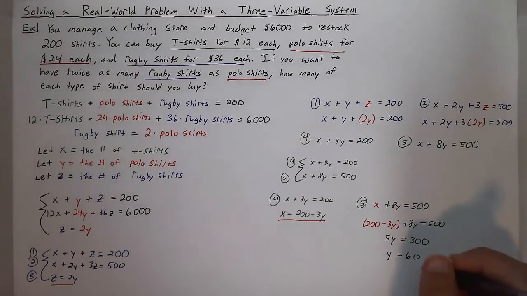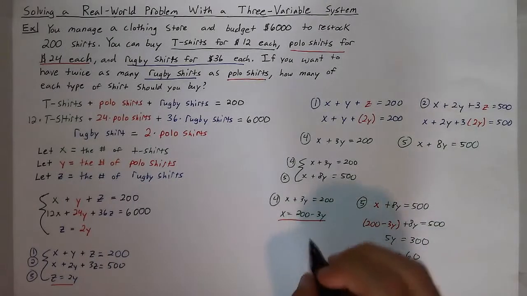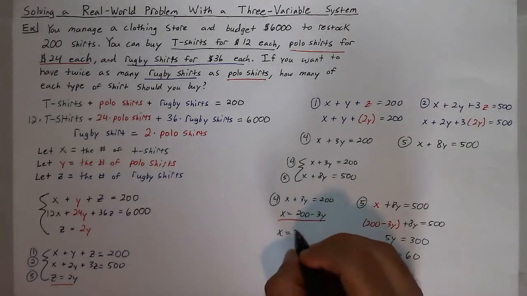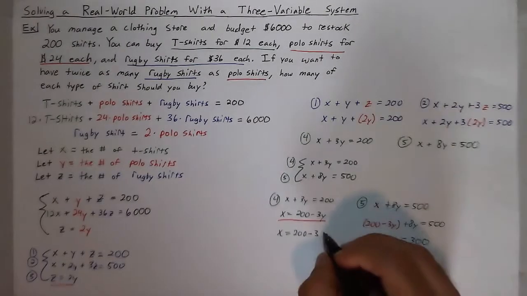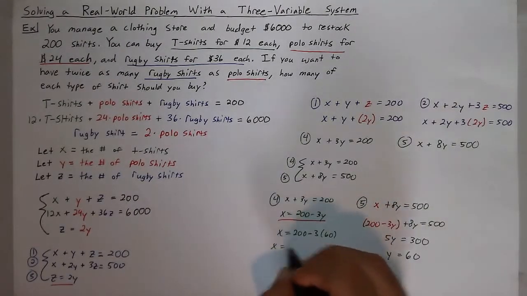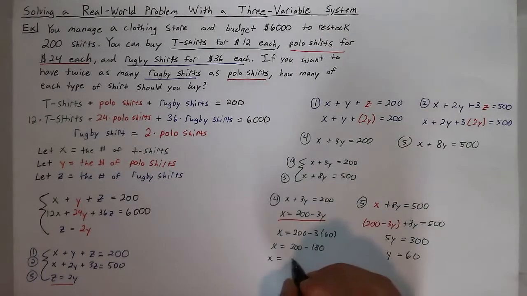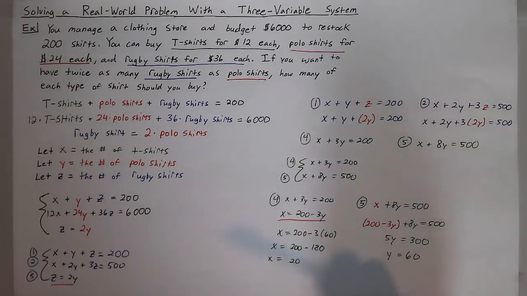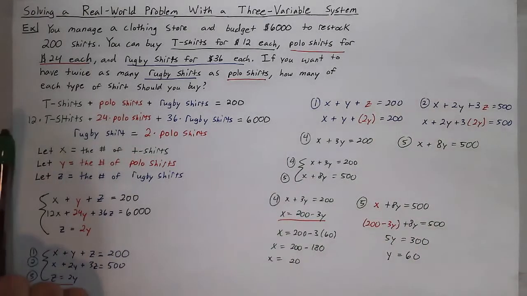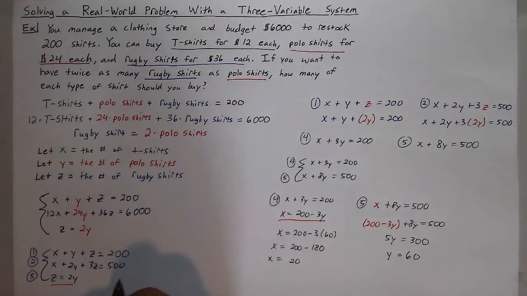Now going backwards, I can plug that into my fourth equation to get x. So x will equal 200 minus 3 times 60, which will be 200 minus 180. So x will equal 20. And then going back even further, I can plug in for z over here.